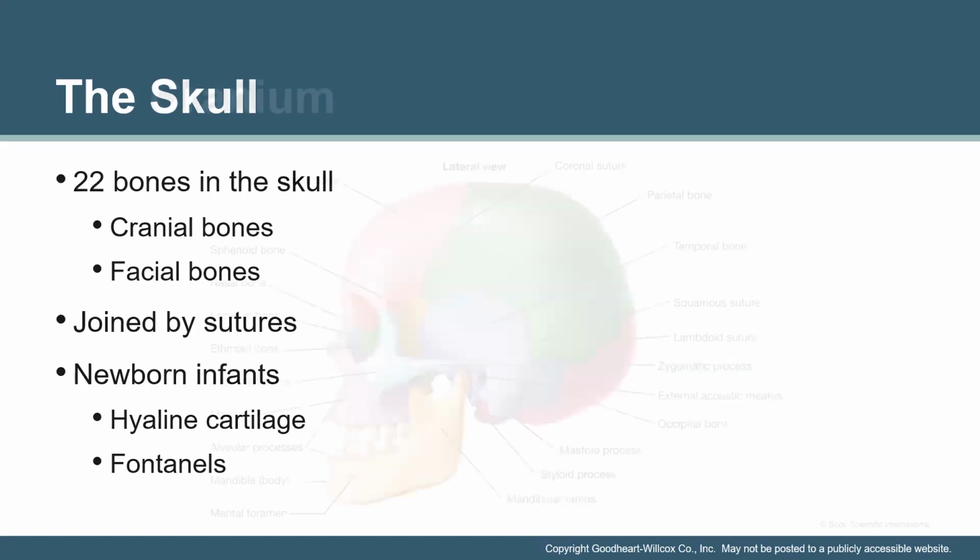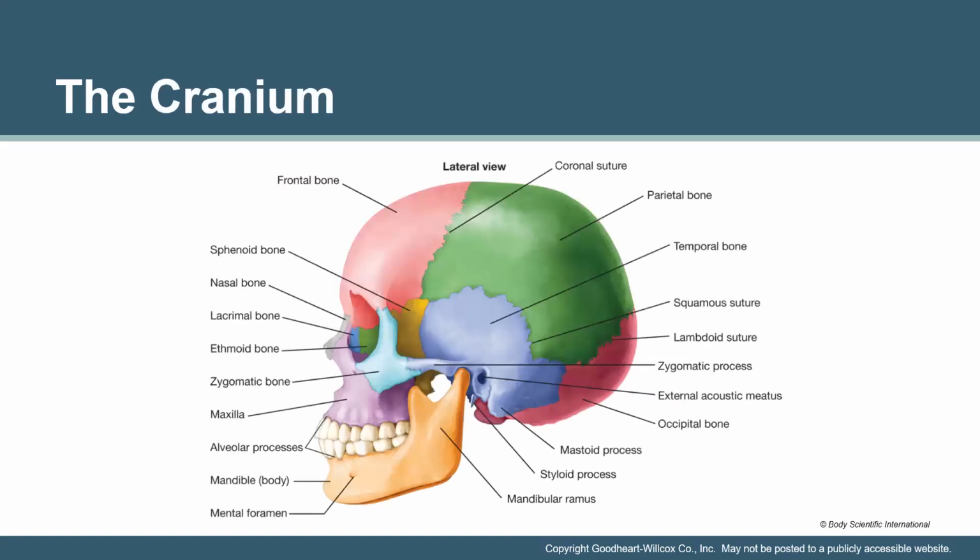Okay, let's see if we can look at some bone pictures. From the lateral view, we get an idea of the location of some of these bones. I'm going to go through the names again. Cranial bones. I'm going to do it rather quickly, but the pictures are on page 134 and 135.